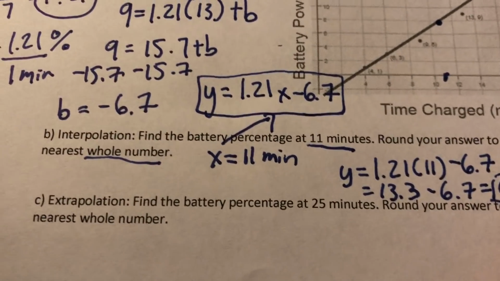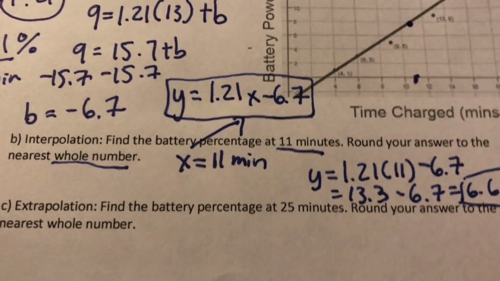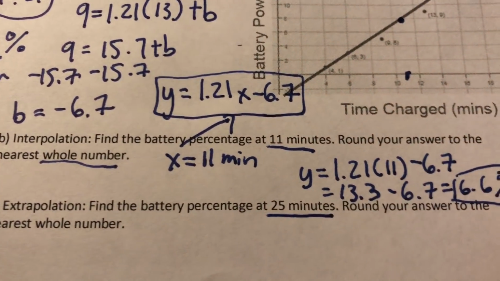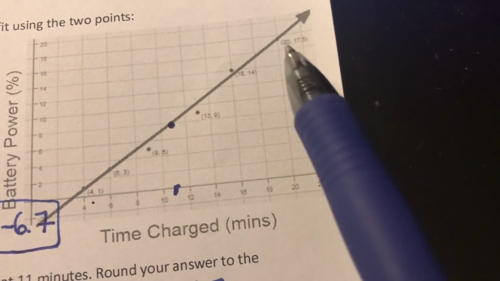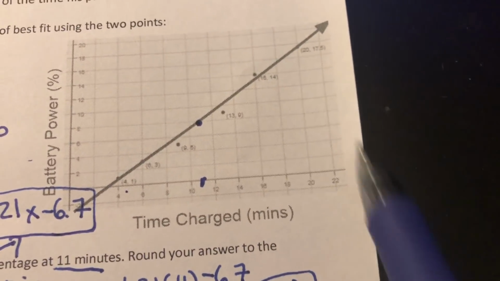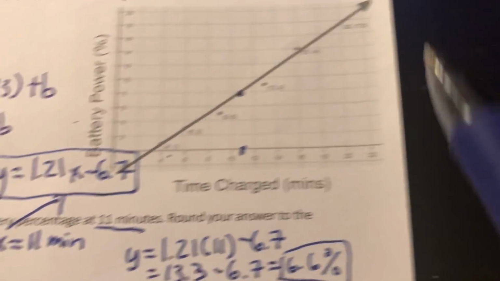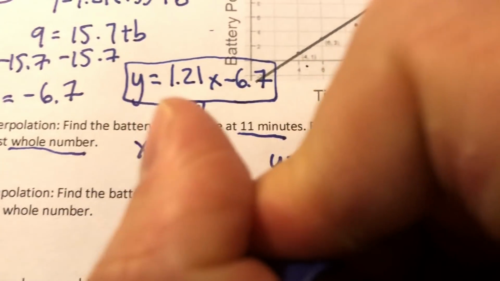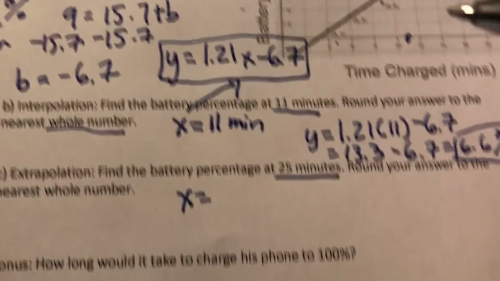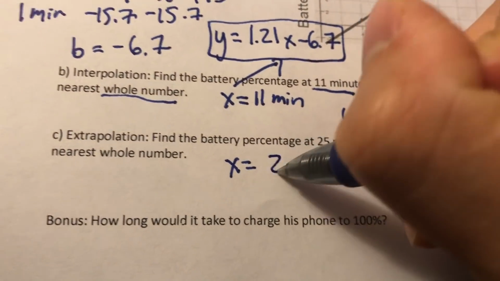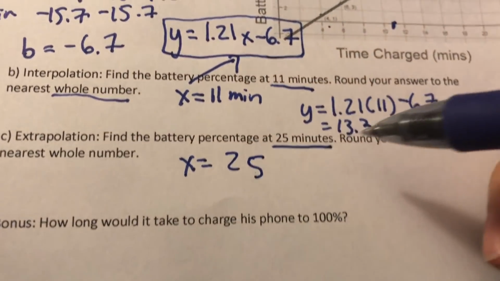Alright, so now let's extrapolate. Find the battery percentage at 25 minutes. The reason this one is extrapolation is because our data only goes from 4 to 20. So when we extrapolate, we're trying to predict the value out here that's outside of the current data points. So at 25 minutes, x is equal to 25. That means I can plug it into my equation.